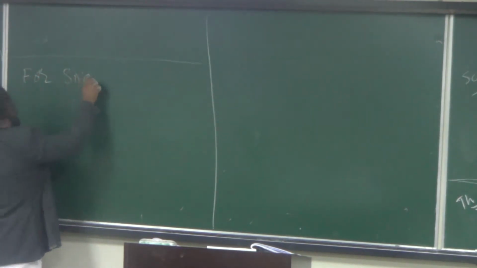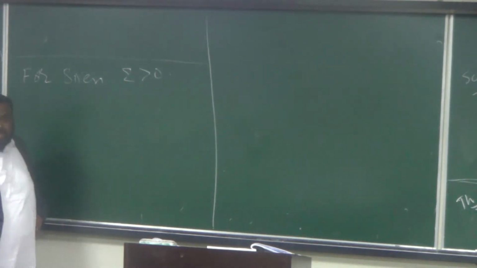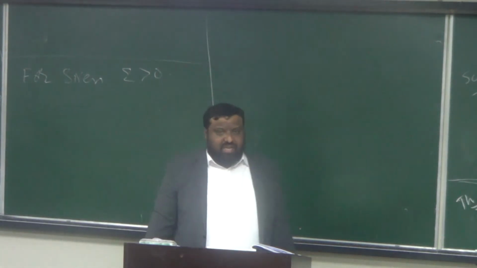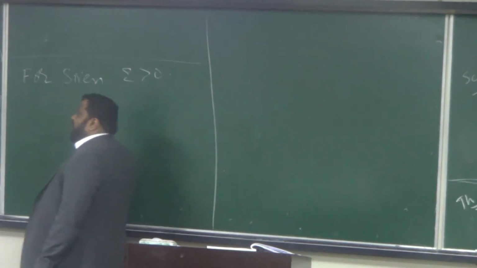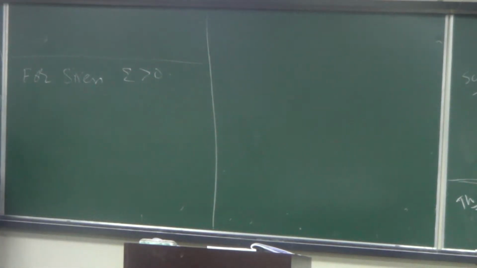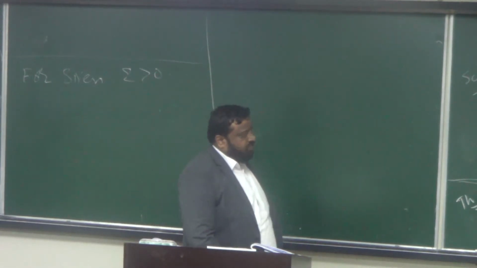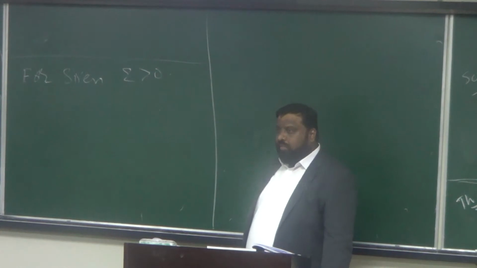So for a given epsilon positive, someone has given me epsilon positive, my task is to choose the capital N. The question is, what should be the capital N and how should I choose it? Scratch work.